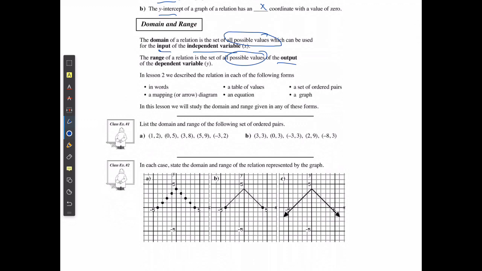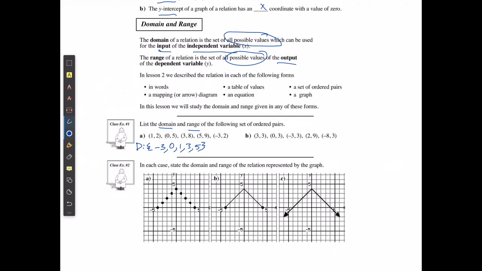So, if it asks us to list the domain and the range of the following ordered pairs, I know that for the first example, the domain is going to represent the inputs, which in ordered pairs are always going to show up on the left. Well, if my numbers on the left are 1, 0, 3, 5, and -3, I'm just going to list them in order: -3 is the smallest, then 0, then 1, then 3, then 5.